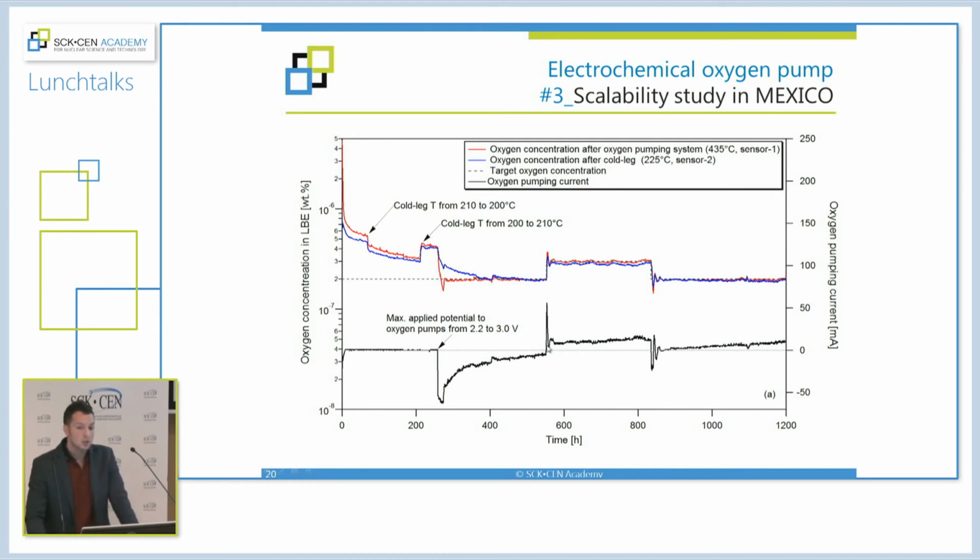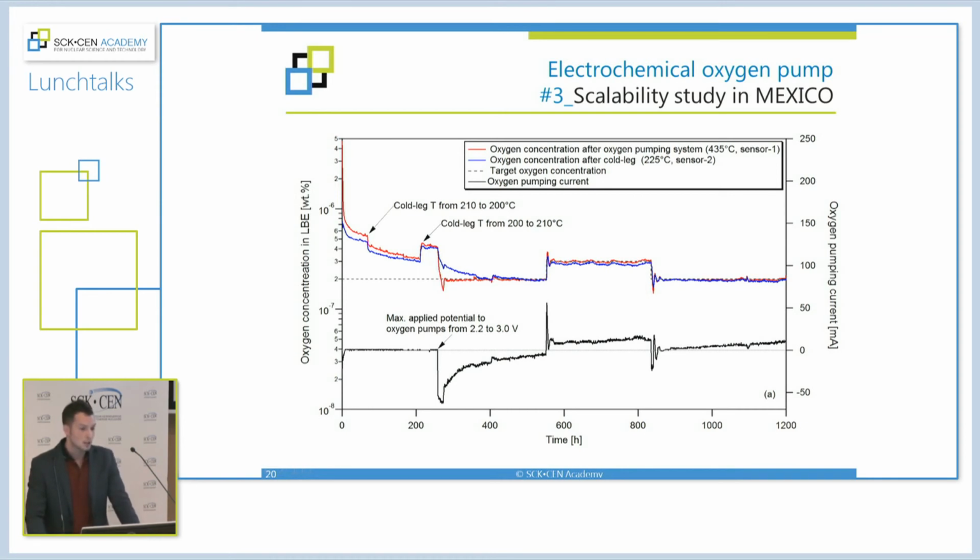Afterwards, we decided to change the target, to increase the oxygen concentration, and as expected, we had no issue at all controlling at a new target and adding oxygen. And afterwards, we went back to the same target value that we set at the beginning of the test. We can see that the two sensors are now behaving in the same way. So it means that there are no extra sources of lead oxide.